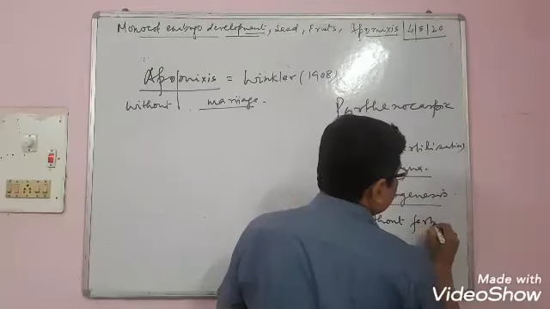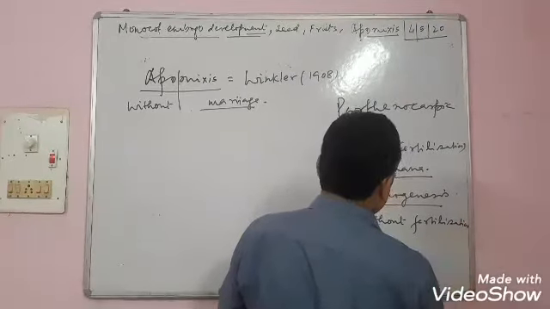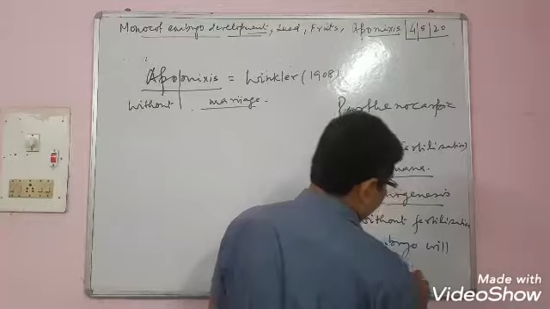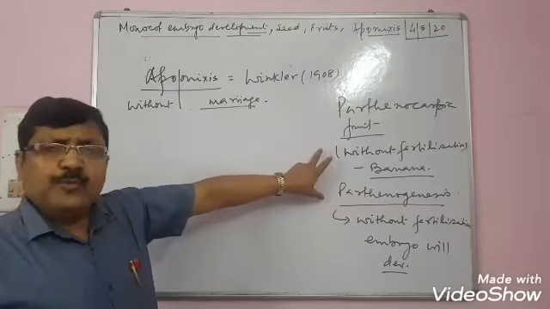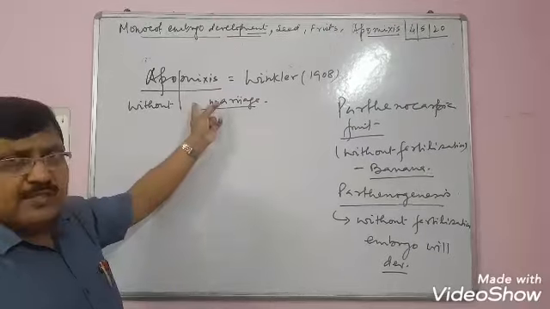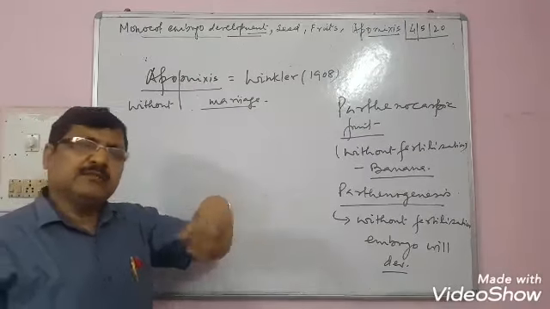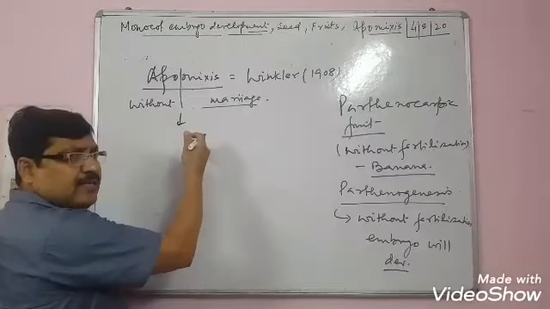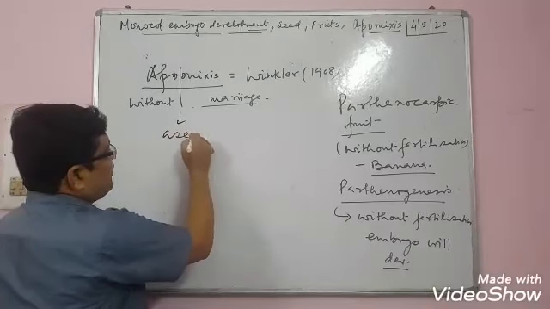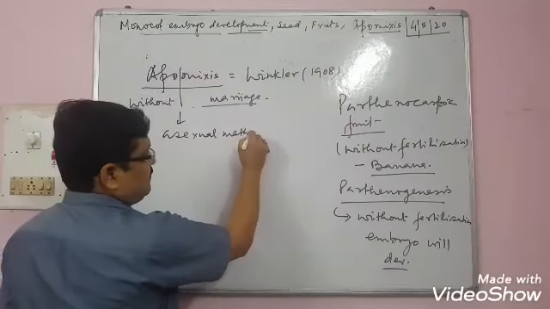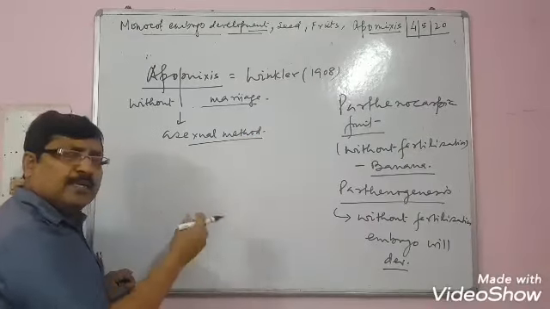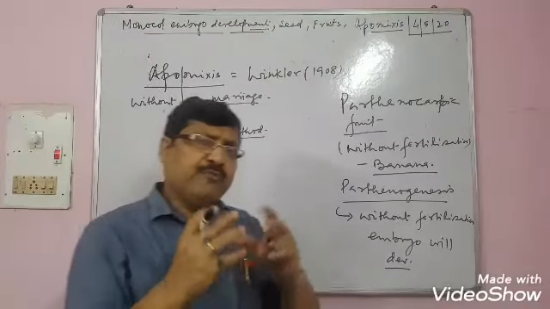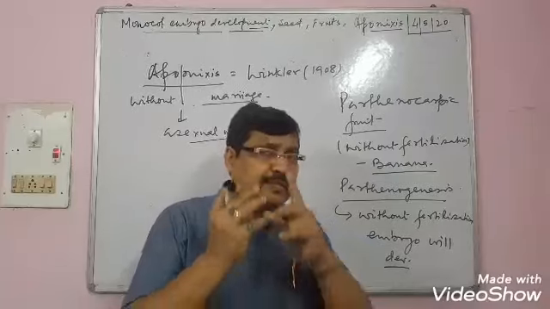Both phenomena are related to apomixis, means here also without mating, without fertilization, development of seeds, and this type of seed is obtained by the process of asexual method, and such plants which are performing apomixis are called apomicts.